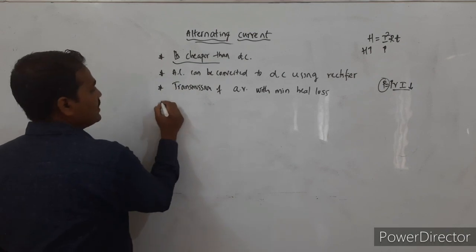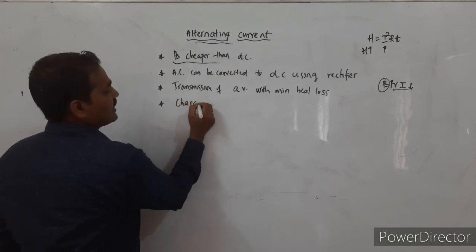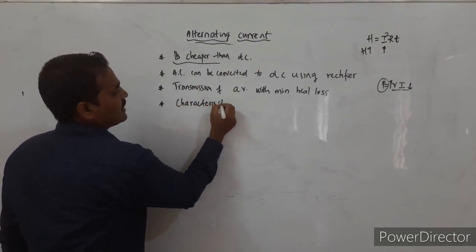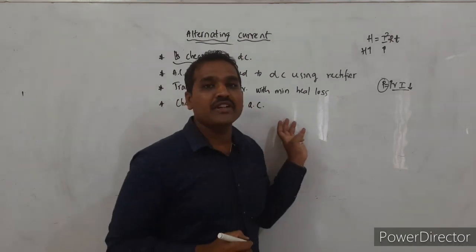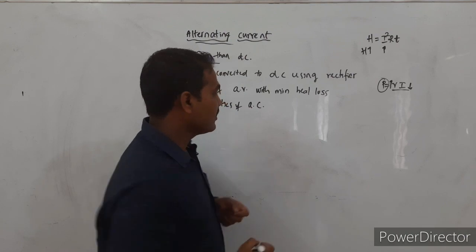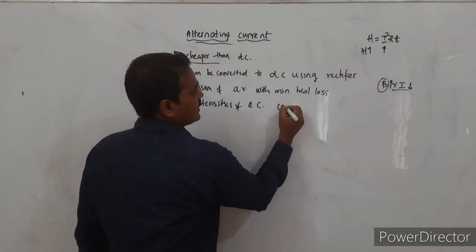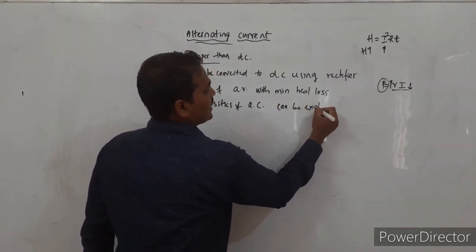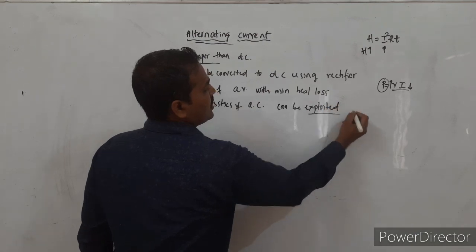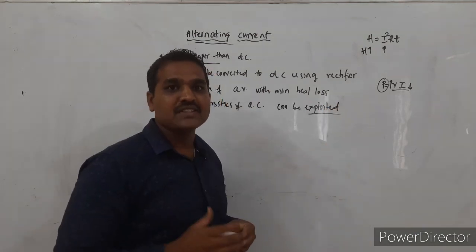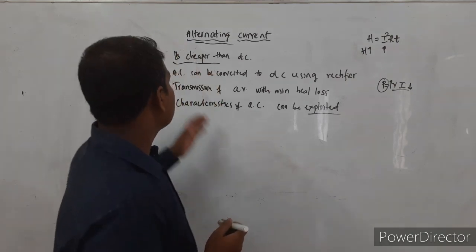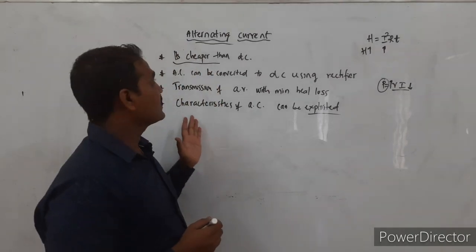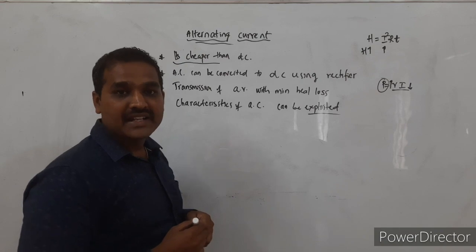Yes, and some of the characteristics of alternating current can be exploited using different electronic components such as LC oscillators, right? So these are some of the advantages of alternating current over direct current.